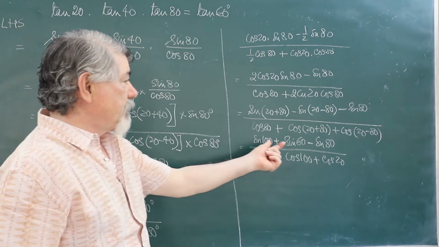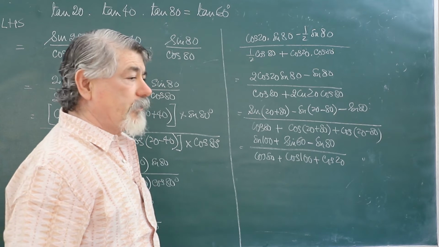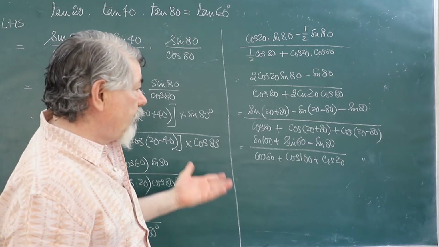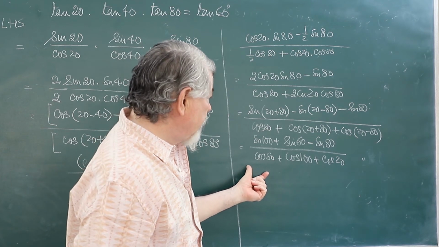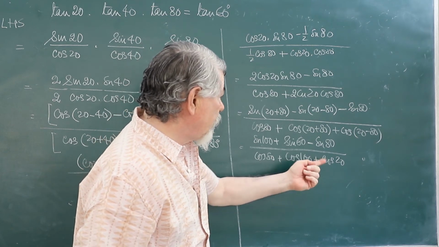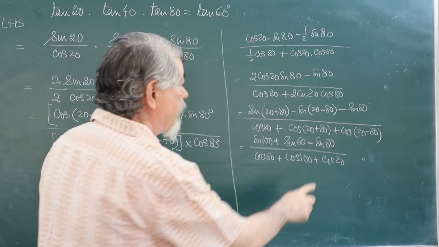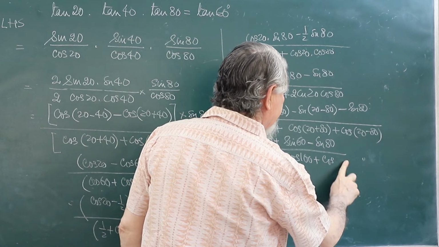Now sin 60 value I know is root 3 by 2, or leave it as it is. And cos 20 minus 80 is cos minus 60, which is cos 60.